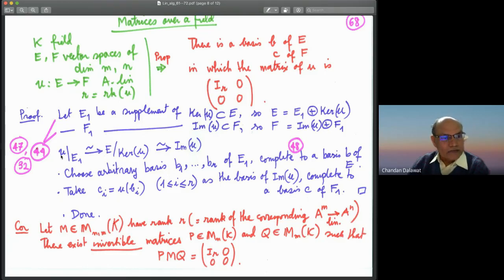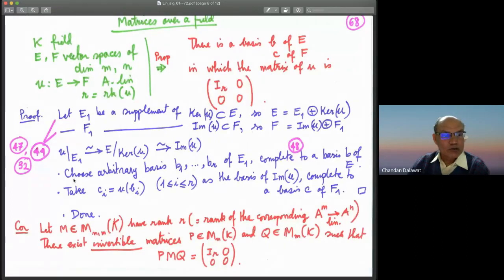Now, when I restrict this mapping U to E1, it's a bijection with E modulo the kernel of U, and U, in fact, is a bijection from E modulo the kernel of U to the image of U, right? So keep this in mind. This isomorphism of U restricted to E1 with the image of U.